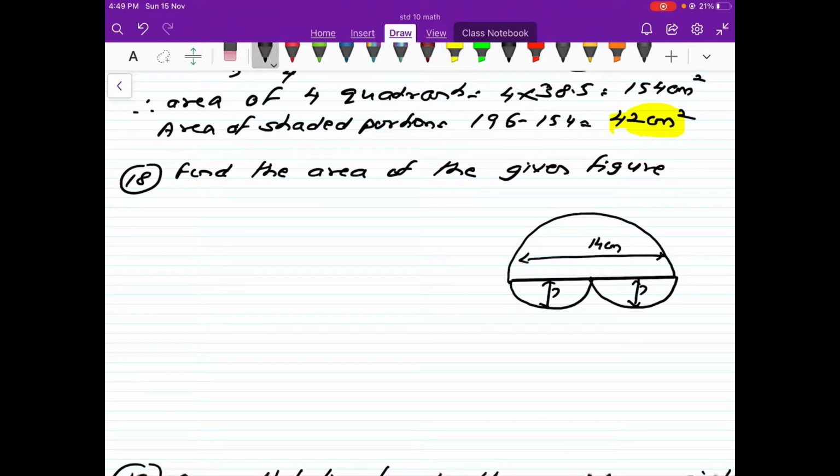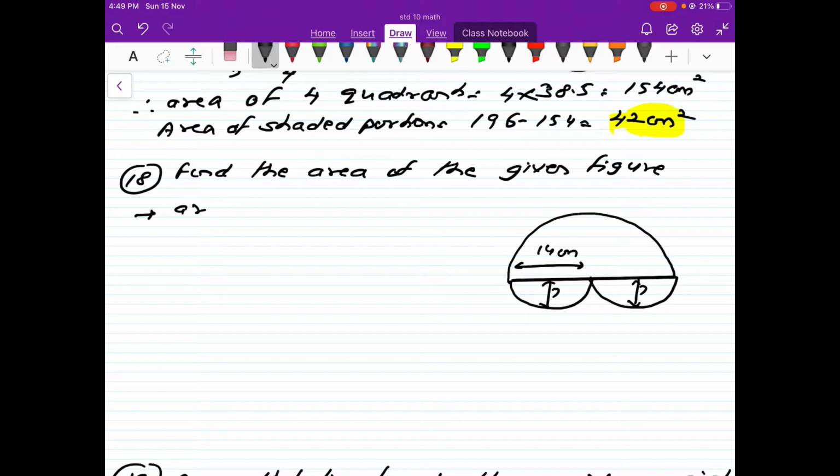So what is the given figure? You have a big semicircle. The radius is 14 centimeters, not the diameter. So this part is given as 14 centimeters.